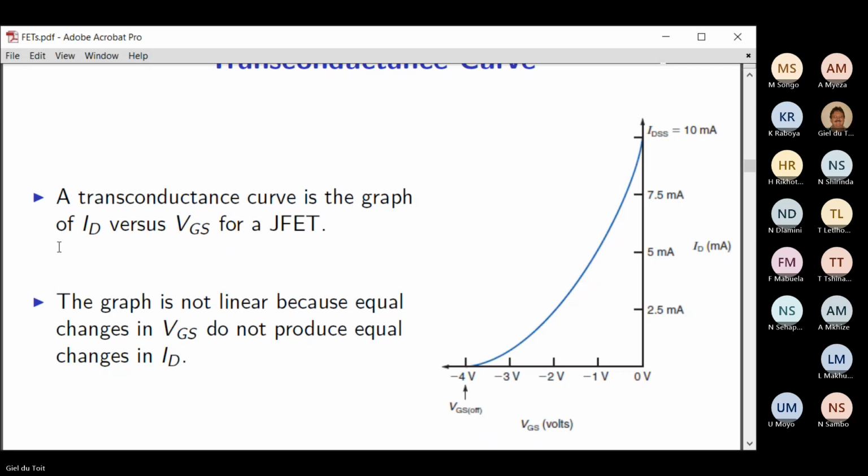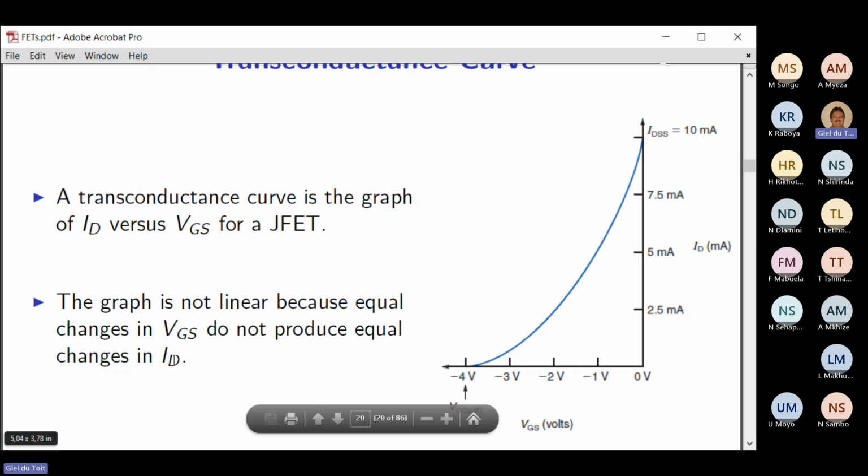So it just shows you the drain current versus the voltage on the gate. The graph is not linear, so this is not a straight line where y is mx plus c. No, this is more sort of an E curve, this line. And it's because equal changes in VGS do not produce equal changes in ID.